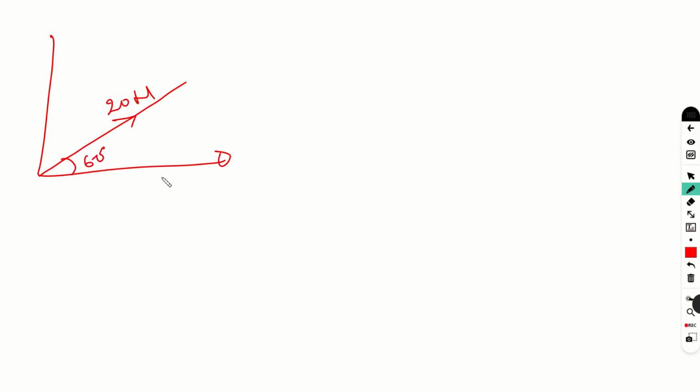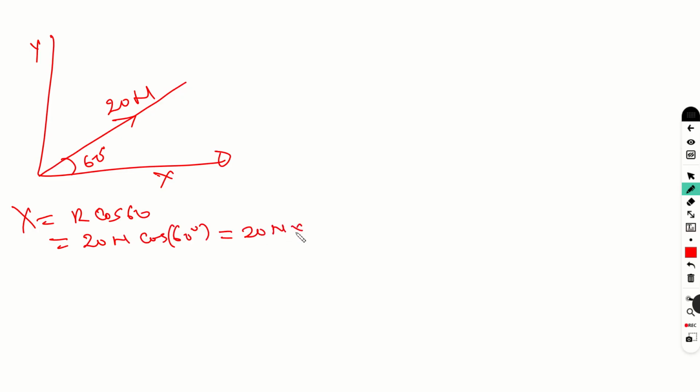Then we have the axis to look for x and look for y. So your x will be equal to R cos 60, which will give you 20 newtons cos 60 degrees, which will give you 20 newtons times half, which is 10 newtons.